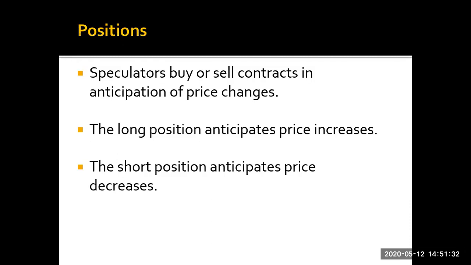If you were the seller of an oil contract at $10 a barrel for 1 year from now, thus taking the short position, and the price of oil goes down to $5 per barrel, how great is that for you? You can just buy a barrel of oil for $5, and then that other person that you sold it to is forced to buy it from you for $10.